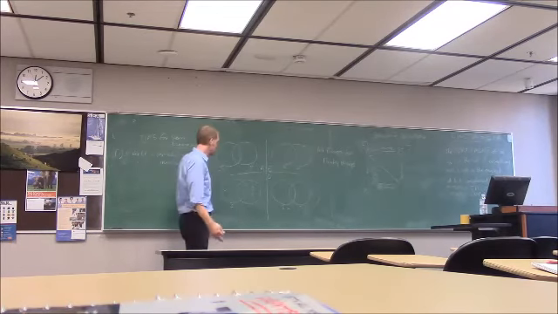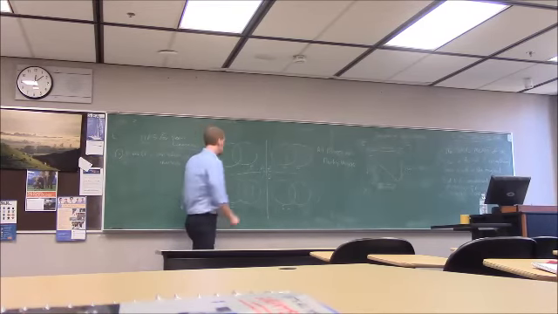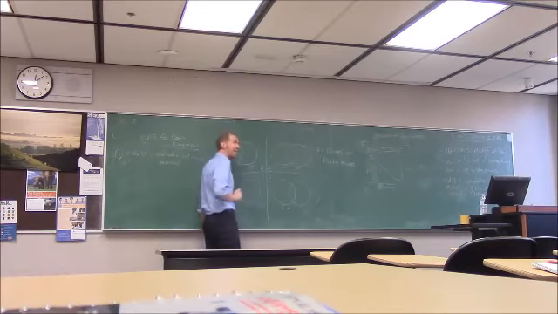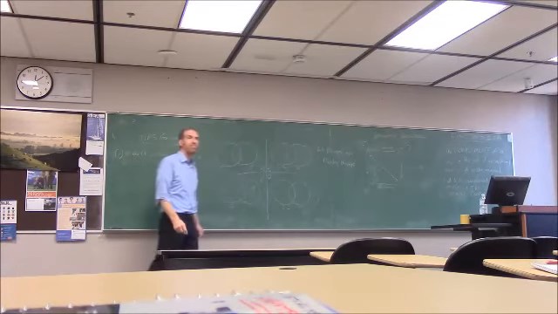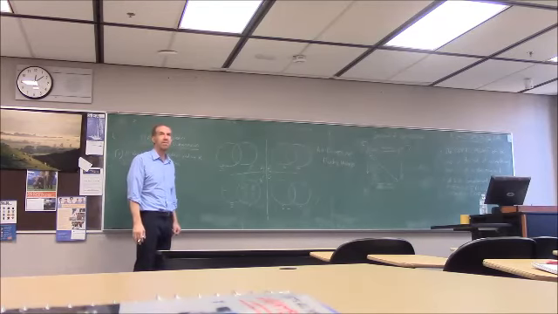A Venn diagram represents the entire universe and divides it up into 4 regions. 1, this little moon shape on the left. 2, the cat's eye, as I call it. 3, the moon on the right. And 4, everything else. It goes off to infinity.